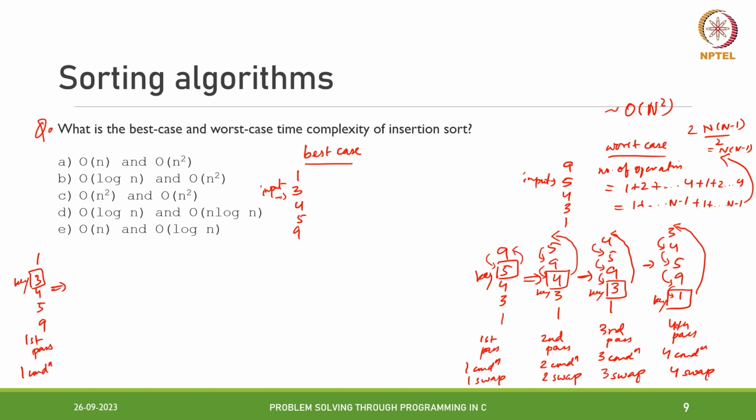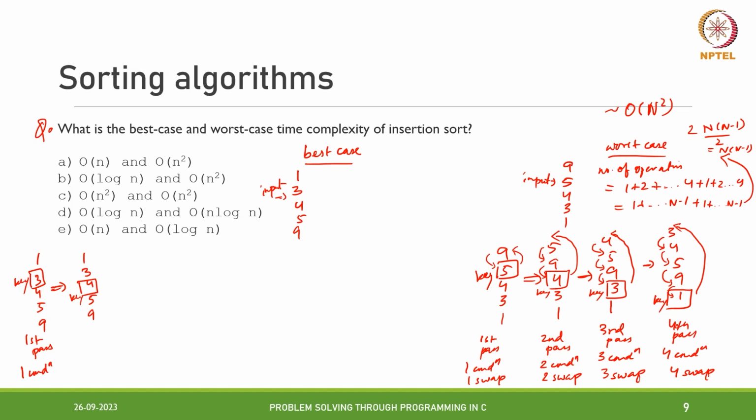Okay, the next step, we take 4 as the key and we compare it to the one before it. So we compare 3 and 4. We find that 4 is greater than the previous element, so we stop there. We don't do any more conditional checking because, if you remember correctly, the part above the array is already sorted in insertion sort.